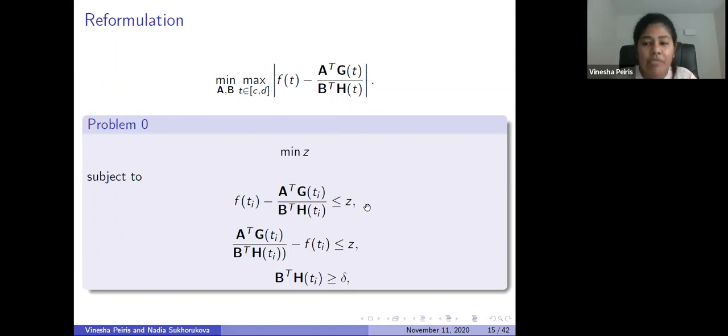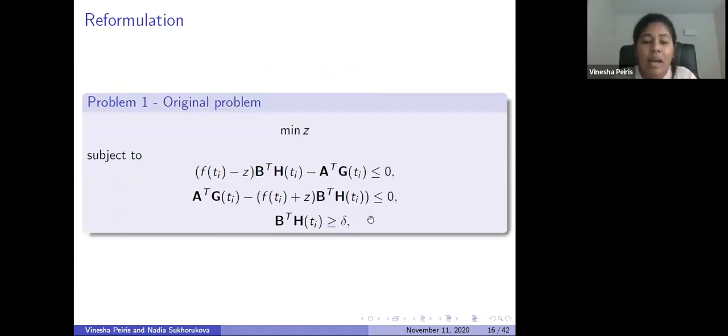Then we take everything on the right-hand side to the left-hand side, and we come up with this problem. I would like to call this problem 1, because I will be referring to it again in the next two slides. Now if we include Z in our decision variables, these inequalities become nonlinear.